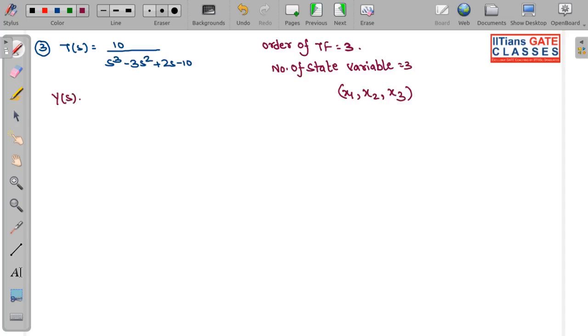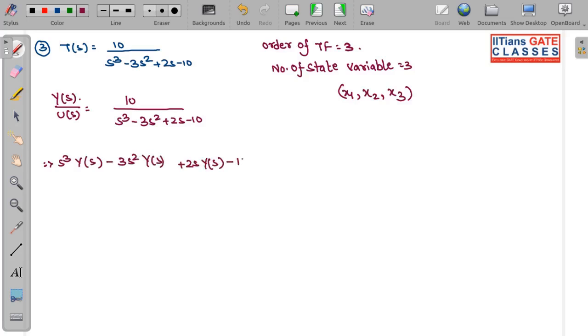So once again, Y(s) by U(s) is equal to 10 divided by s cube minus 3s square plus 2s minus 10. I will even show you the shortcut trick of writing such a transfer function in your state model. So this will be s cube Y(s) minus 3s square Y(s) plus 2s Y(s) minus 10 Y(s) is equal to 10 U(s).